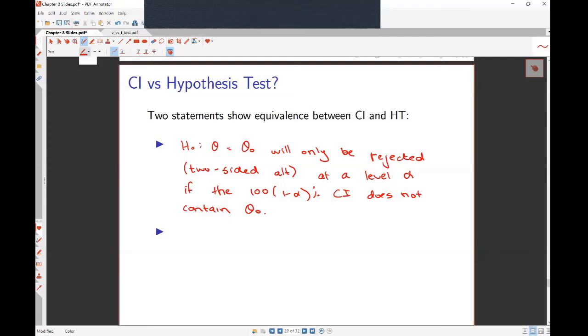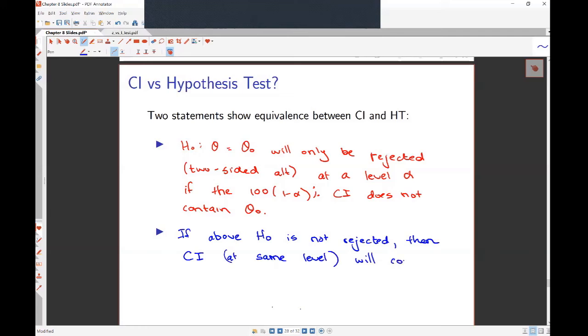The statement that I wrote down here, I can also reformulate a little bit, and we can say, if the above null hypothesis is not rejected, then what we know is that the confidence interval that's constructed at the same level will contain the null hypothesis value theta naught.